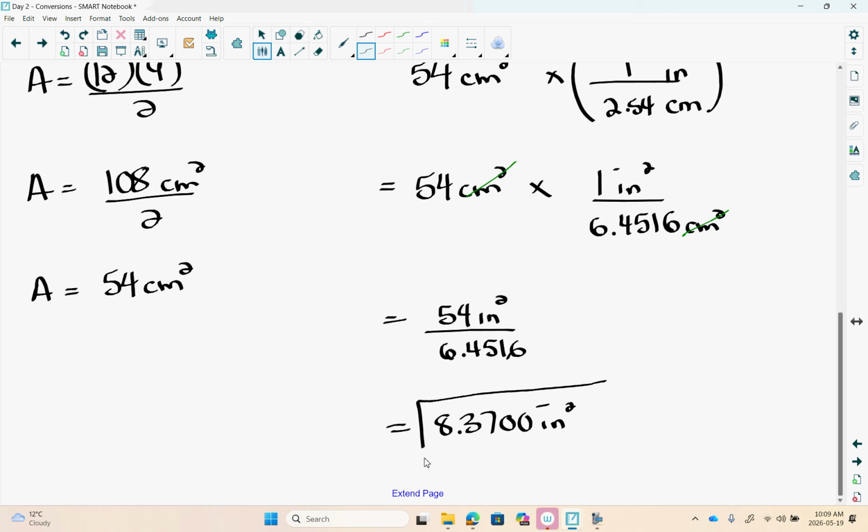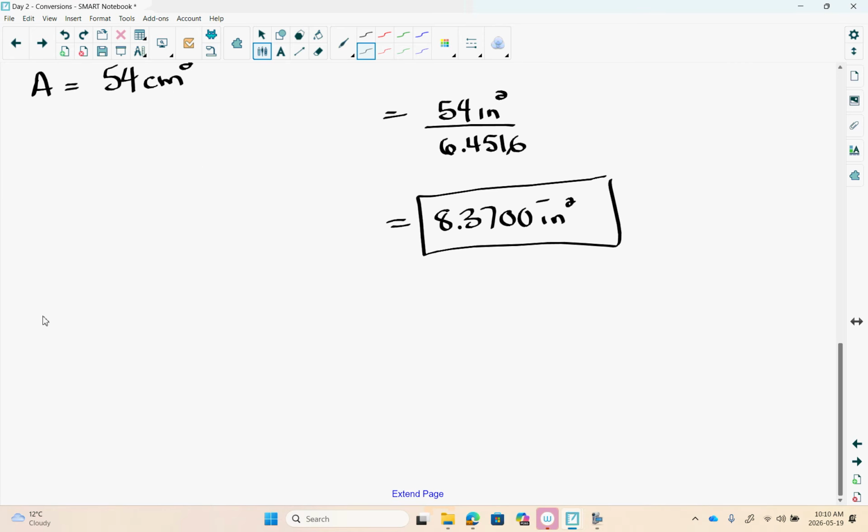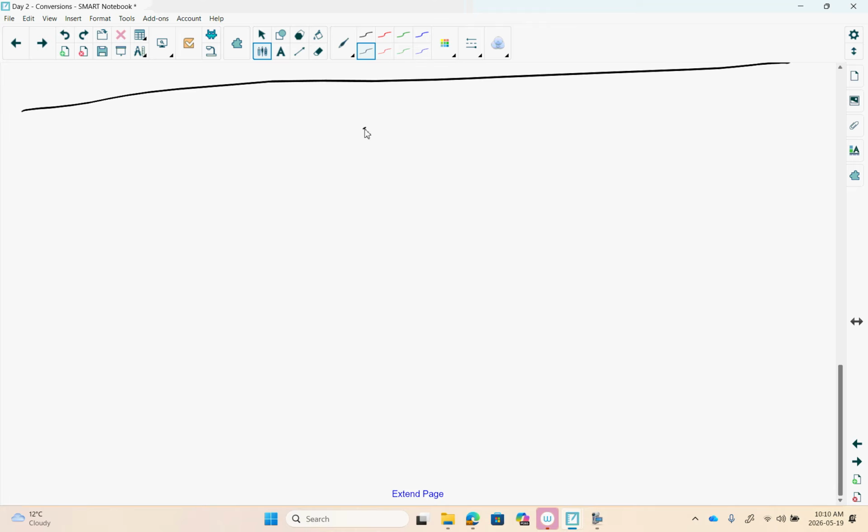If I do that same question, but I convert first, as long as I go to 4 decimal places, my answer shouldn't vary too much. So here's what the question would look like if I converted first. So I have the same triangle.